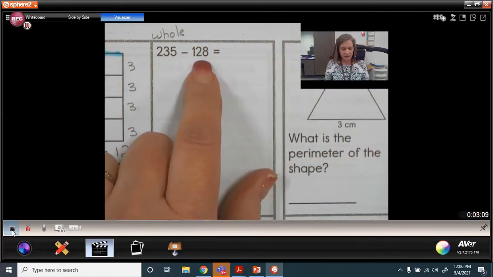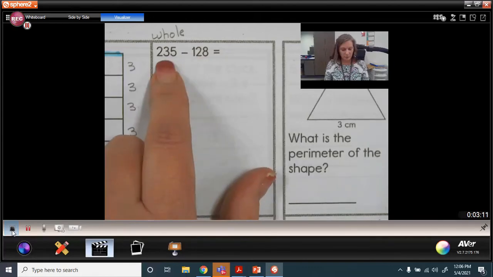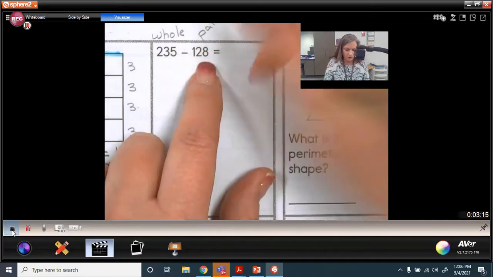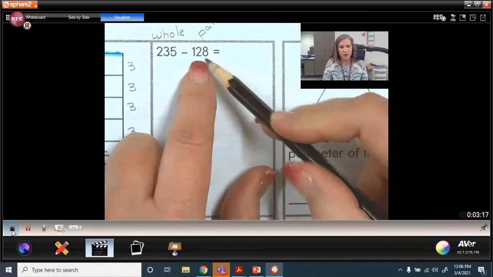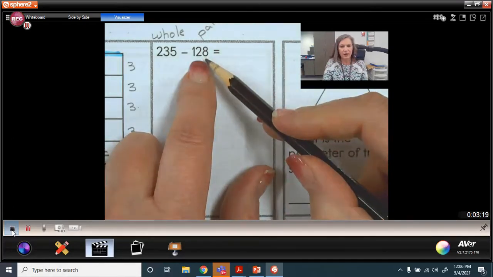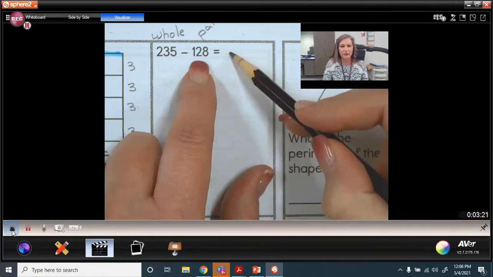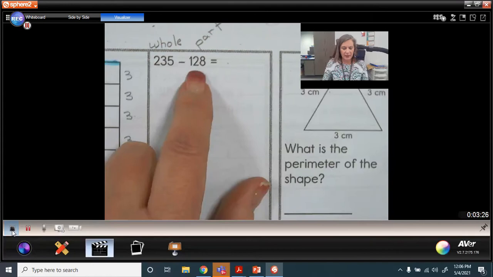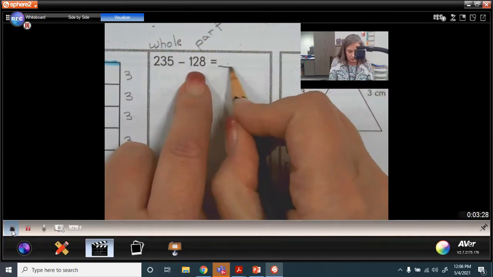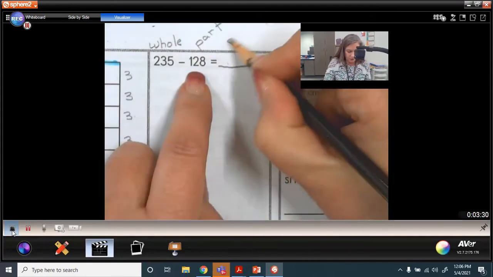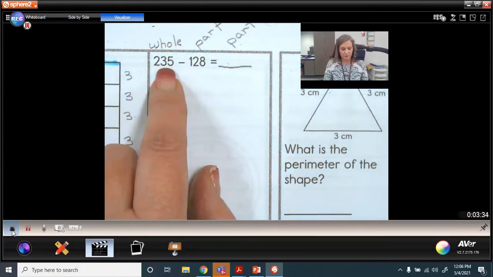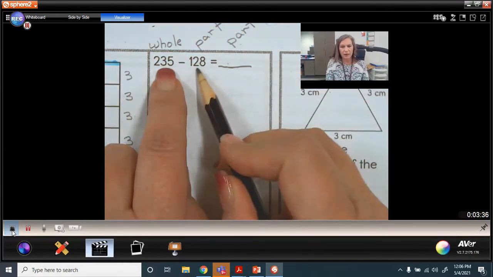And I'm subtracting from this part of that whole. Not all of it, because if I was subtracting all of it, this would be 235, and that means I would have nothing left as my other part. But now, when I subtract, I'm looking for the part that makes up this other missing piece of my whole.